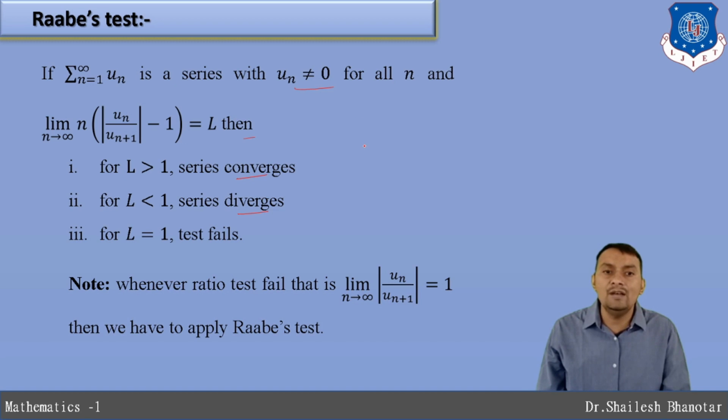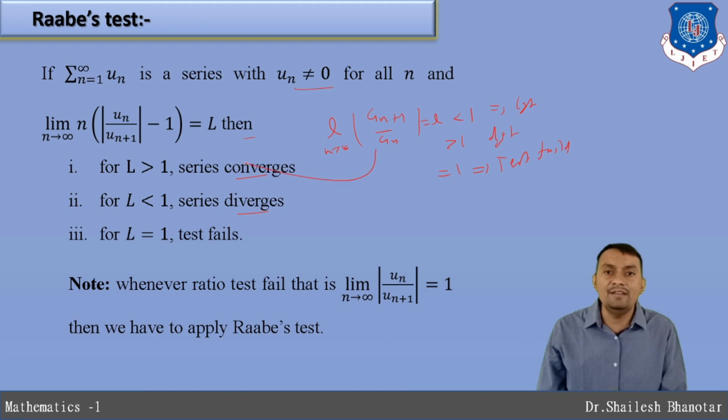But we have already seen that whenever we apply the ratio test, un plus 1 divided by un, if this quantity is L, and if it's less than 1, then the series is convergent. Greater than 1, then divergent, and equal to 1, the test failed. That we have done.